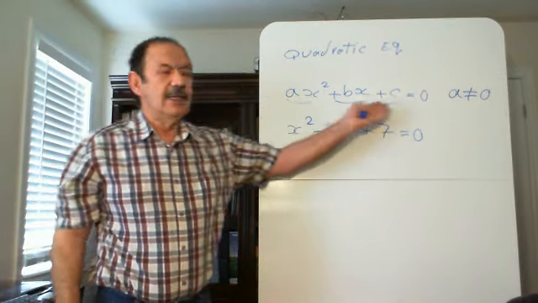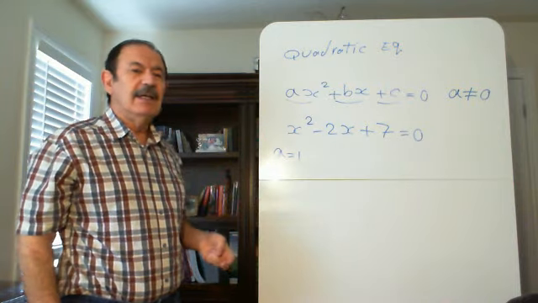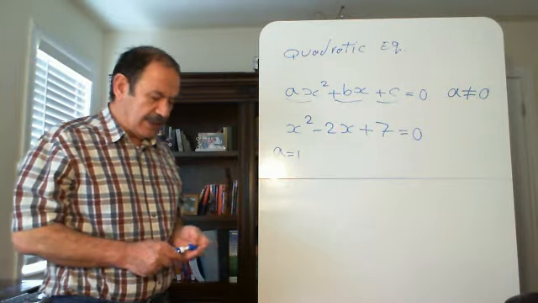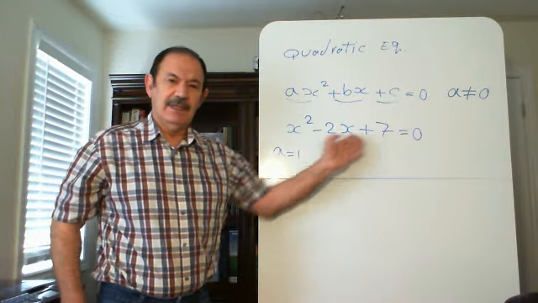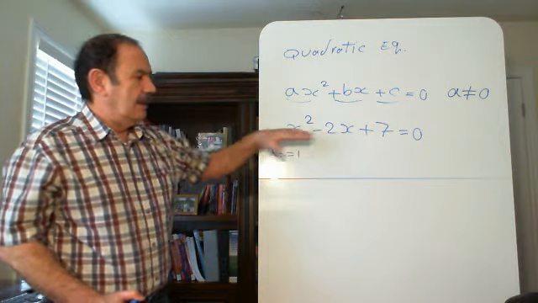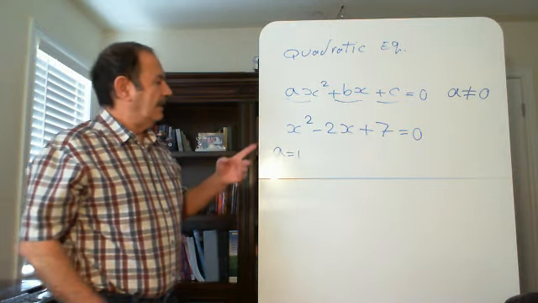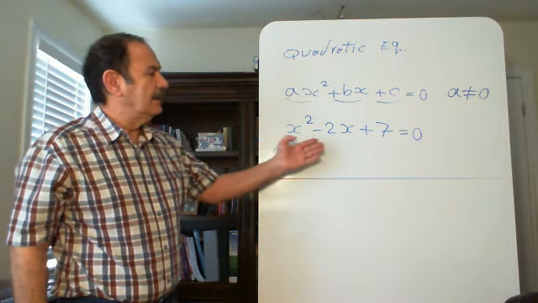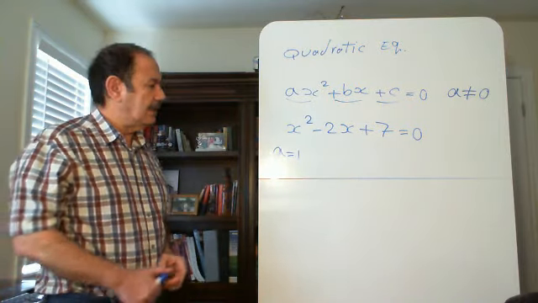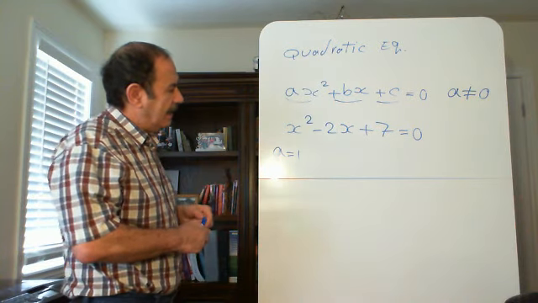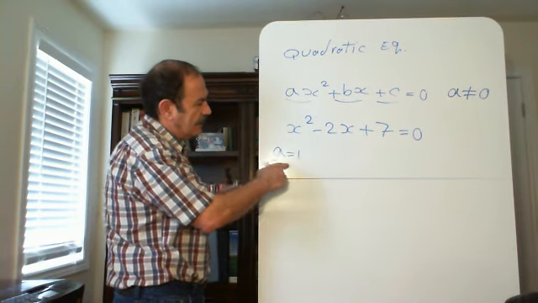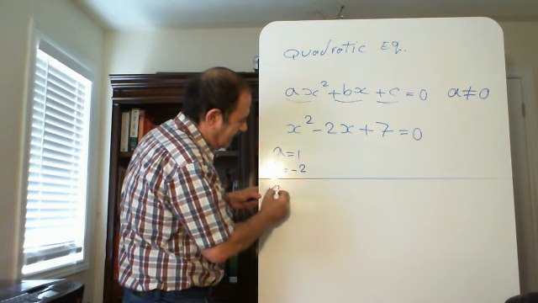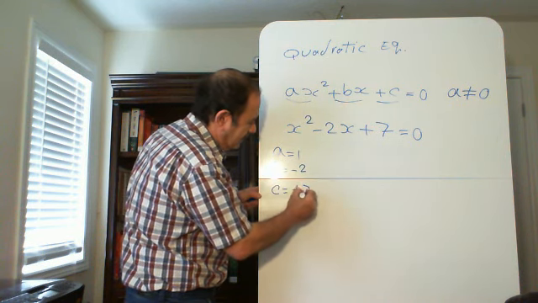So this equation has three terms: x squared, negative 2x, and plus 7. 1 and negative 2 are the coefficients, and 7 is the constant. Now for this one again, a is 1, the coefficient of x squared is 1, b is negative 2, and c is positive 7 or 7.